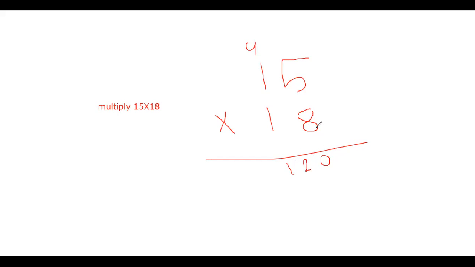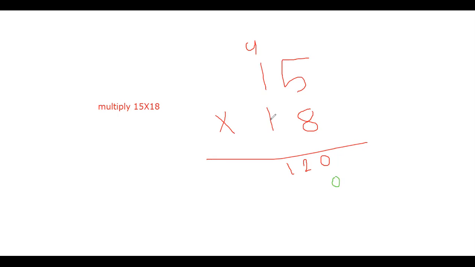Now after that I want to move to multiply the 1 with the 5 and the 1 with the 1. But before that, when I move to the next digit, I will start by adding 0.